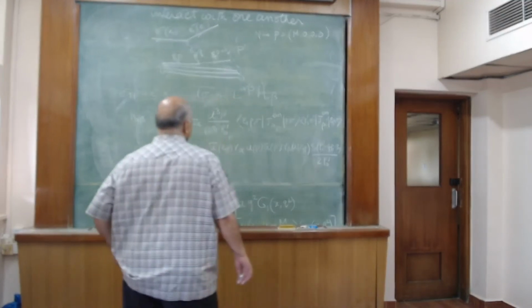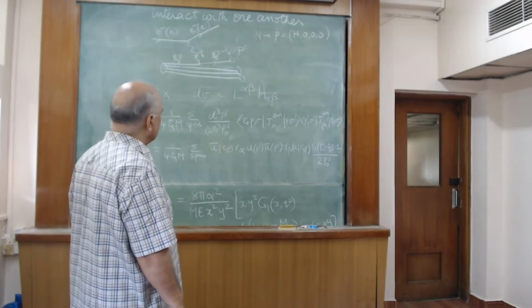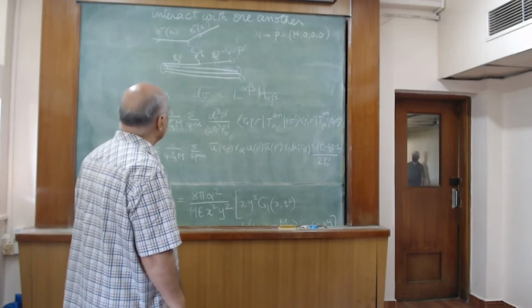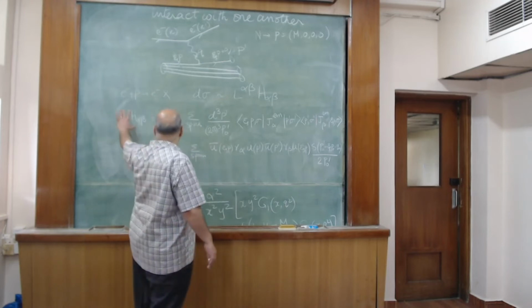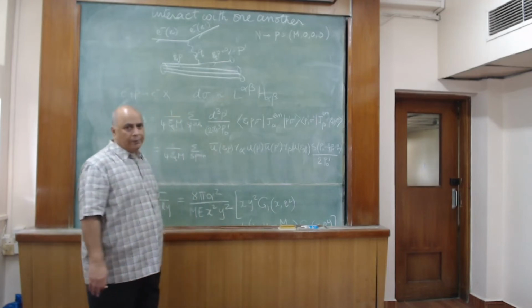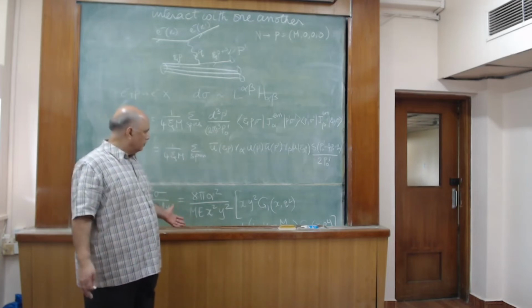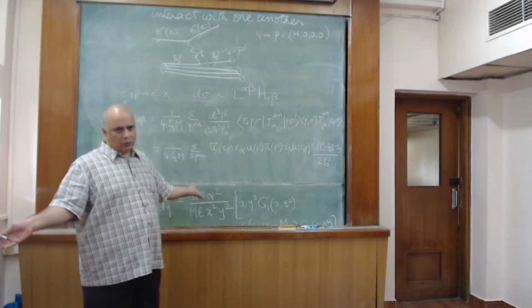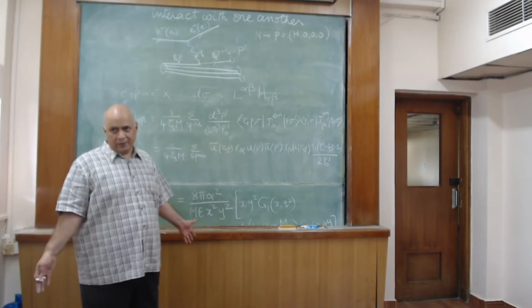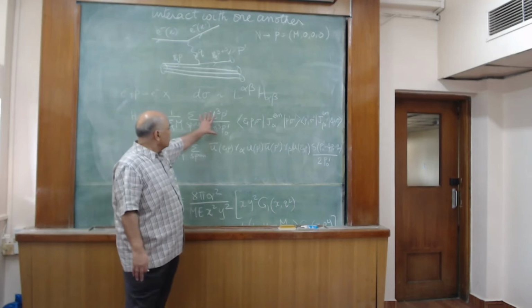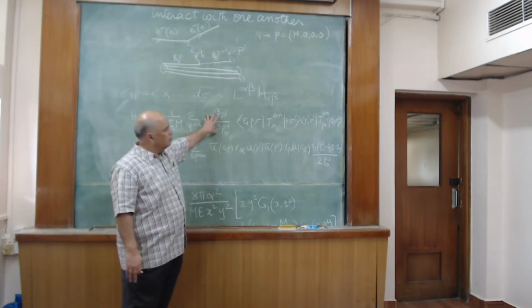So this expression for the hadronic tensor, we have to do the summation over all the final state phase space, and that is how this factor occurs.